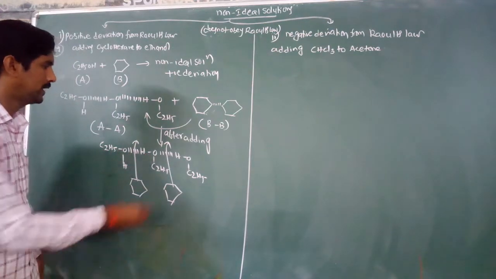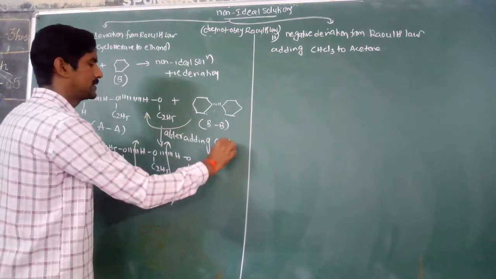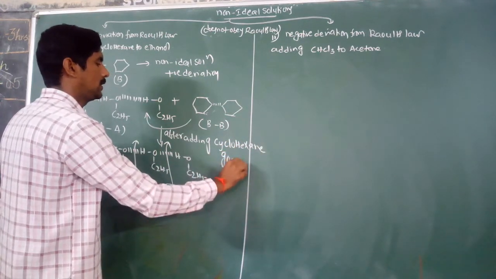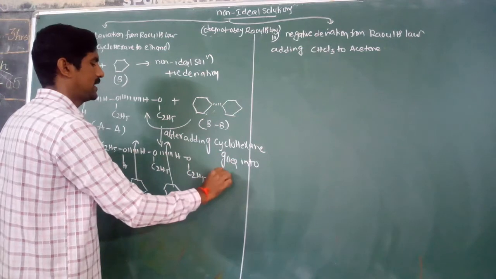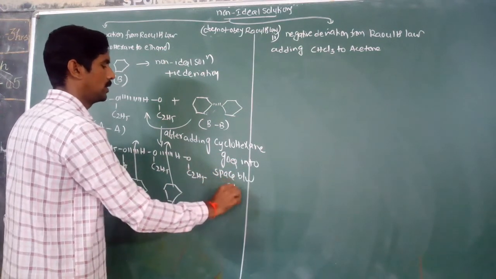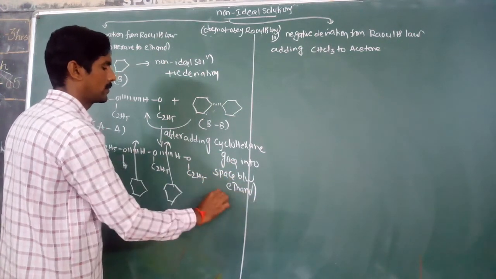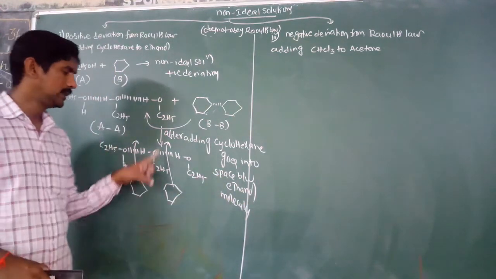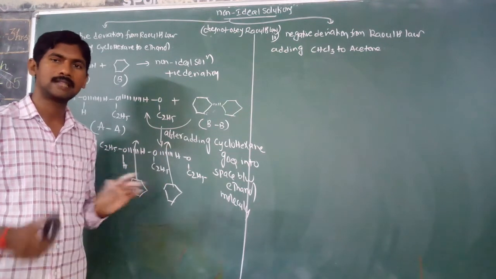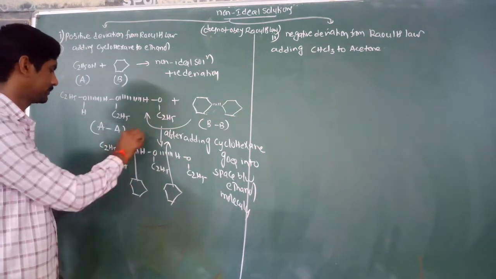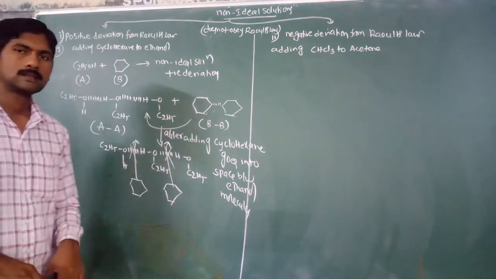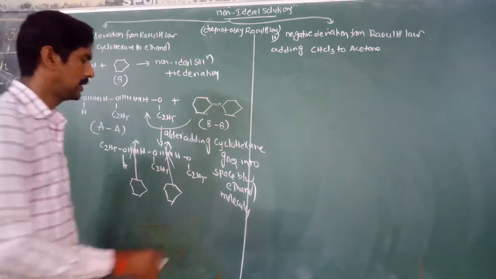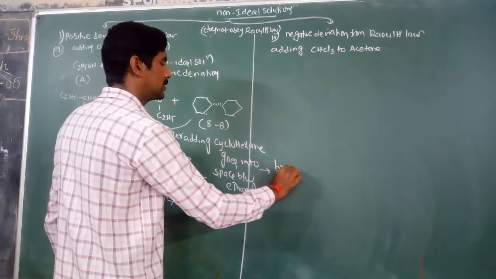Cyclohexane goes into the space between ethanol molecules and breaks down the hydrogen bonding.